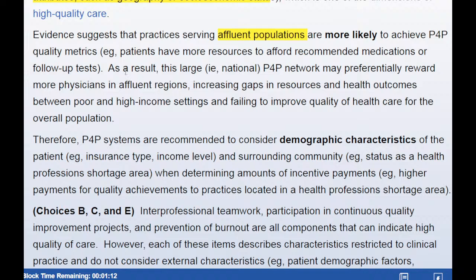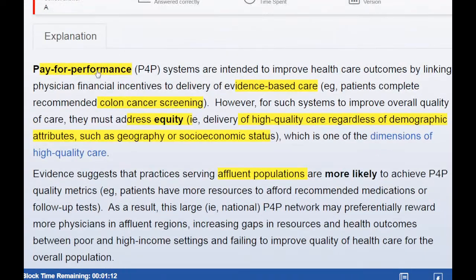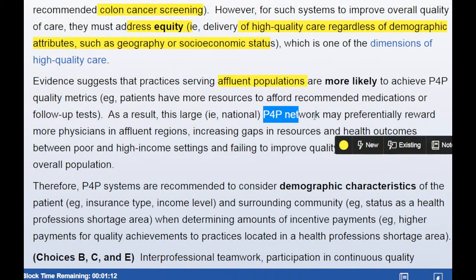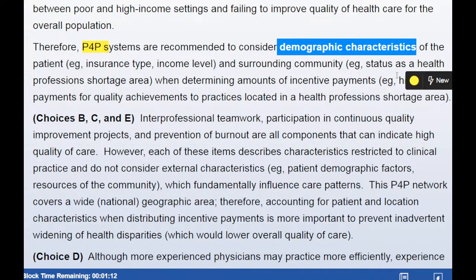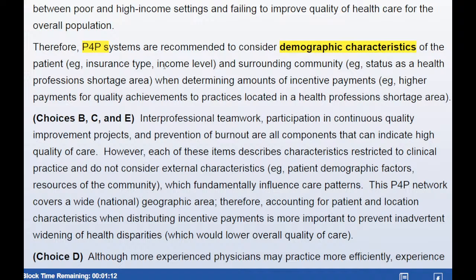As a result, this large pay for performance system is recommended to consider demographic characteristics of the patients, for example insurance type, income level, and surrounding community, for example status of health professionals shortage area, which will determine the amount of incentive payment. For example, higher payment for quality achievement to practices located in a health professionals shortage area.